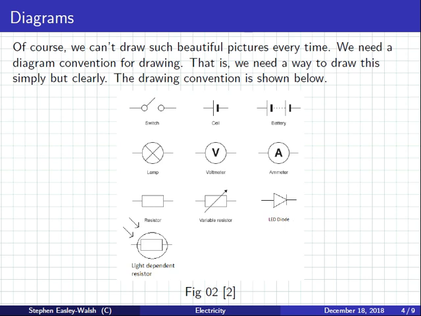Oh yeah, of course you need them for the exam. Diode. Diode. D-I-O-D-E.